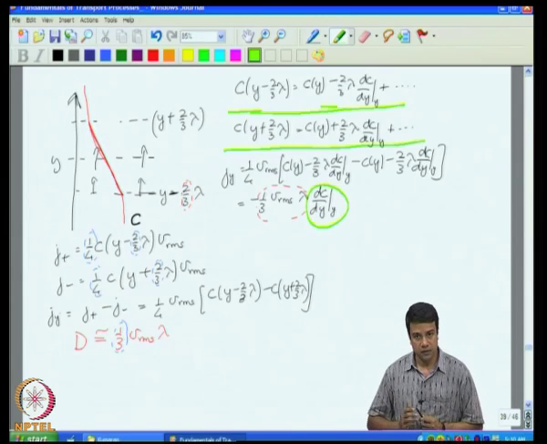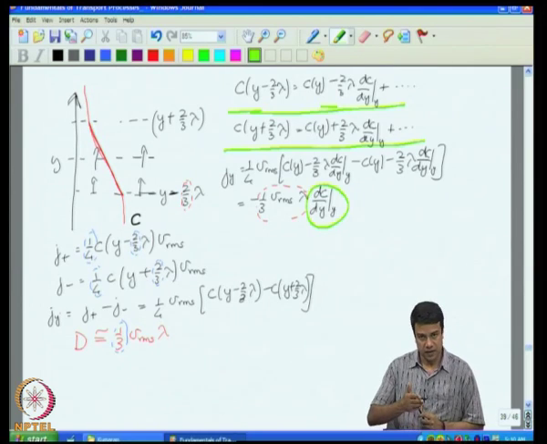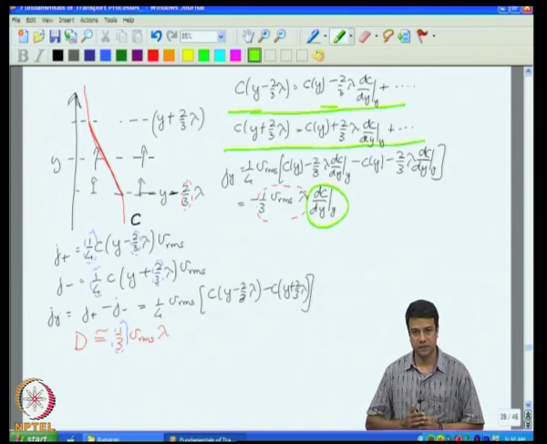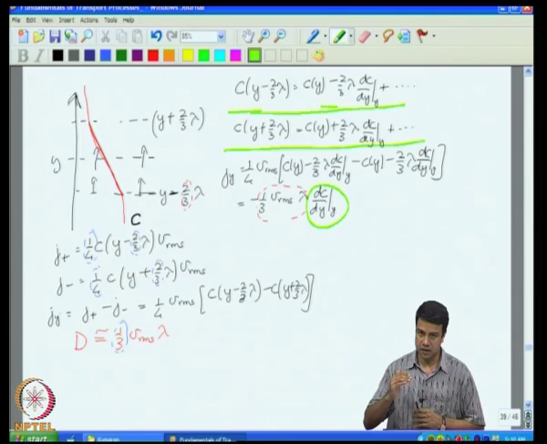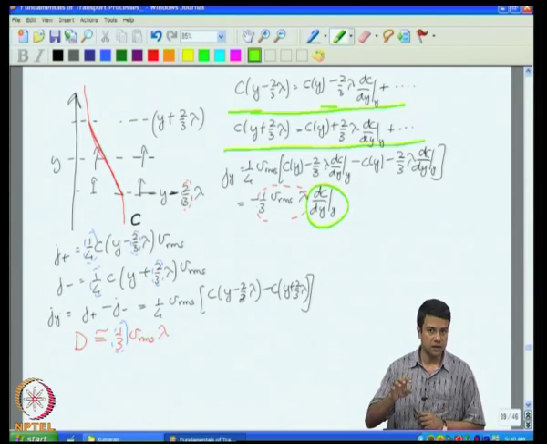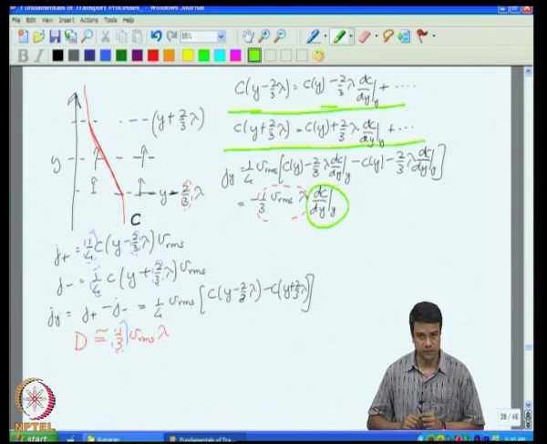There are higher order terms. The reason we are neglecting them is because the concentration variation has a certain length scale associated with it. If there was a concentration gradient between two plates, that length would be the distance between plates. If there were flux coming out of a spherical particle, that length would be the radius of that particle.